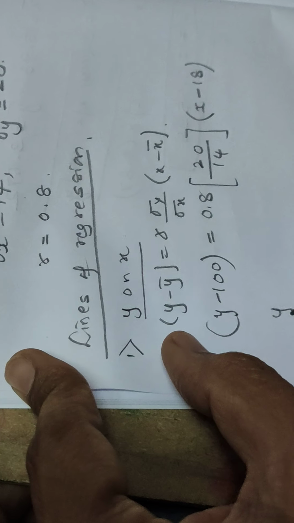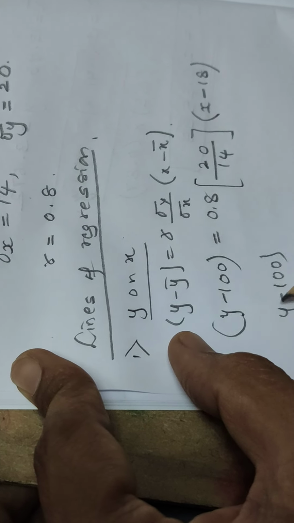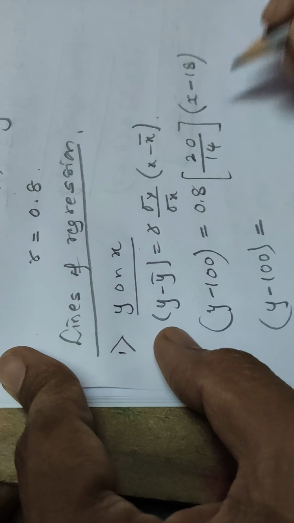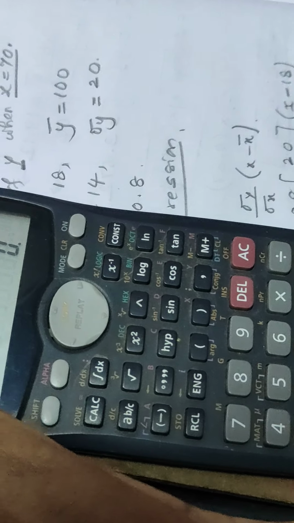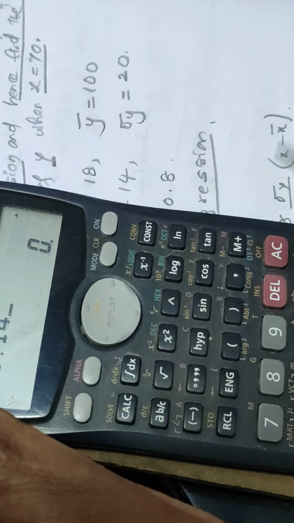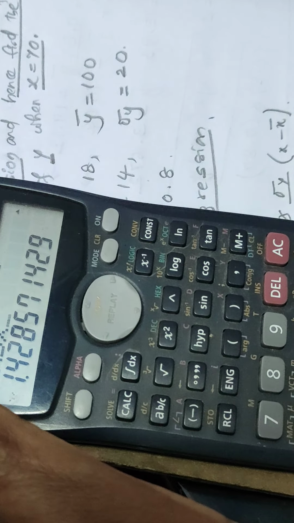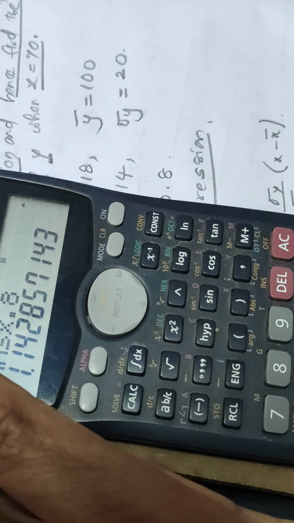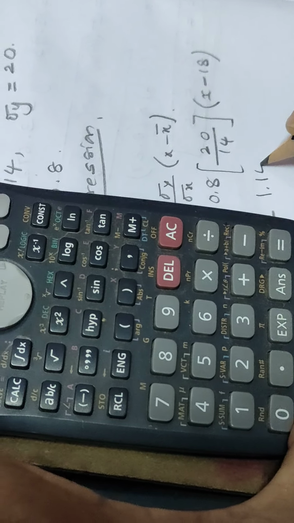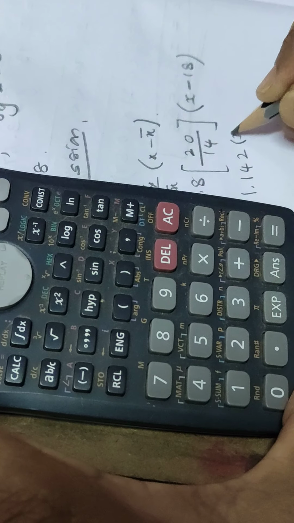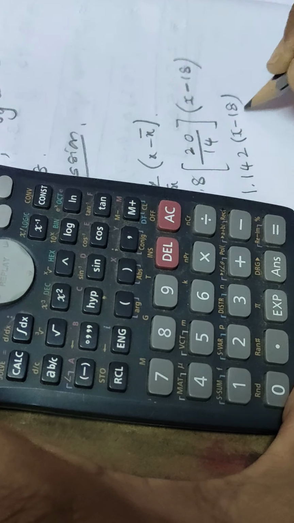So y minus 100 is equal to this one. I'll simplify it: 20 by 14 into 0.8 gives you 1.142 into x minus 18.